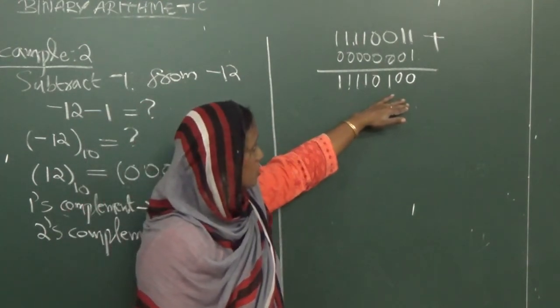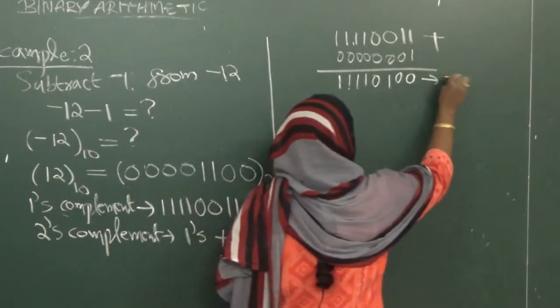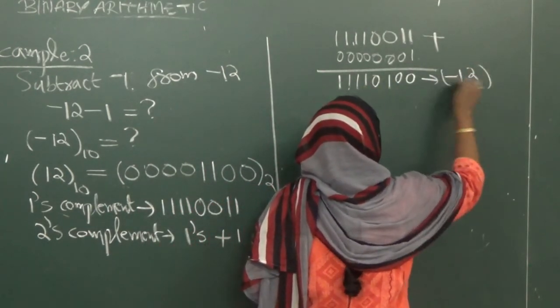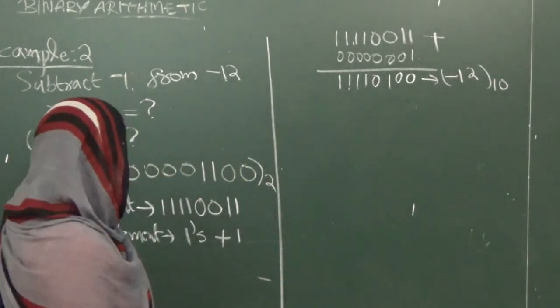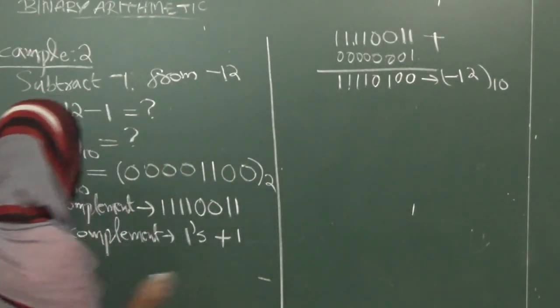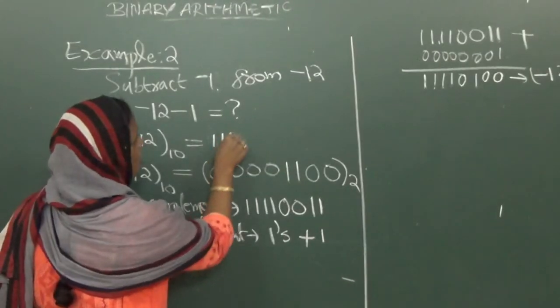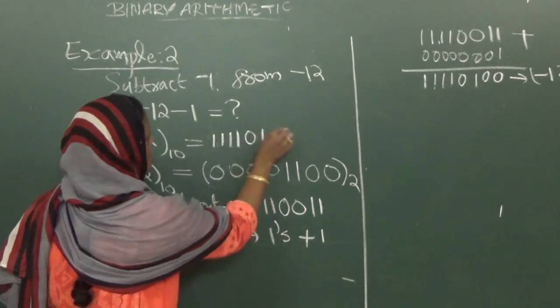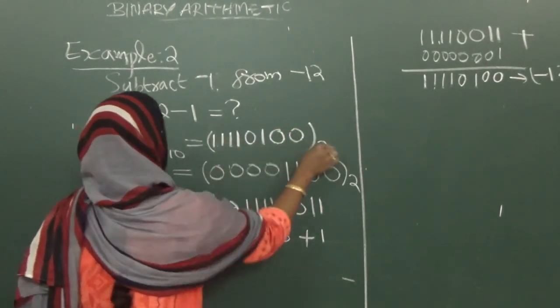Okay, so you get here, this is minus 12 in decimal system. So minus 12 in decimal system is given by 1 1 1 1 0 1 0 0. Okay.